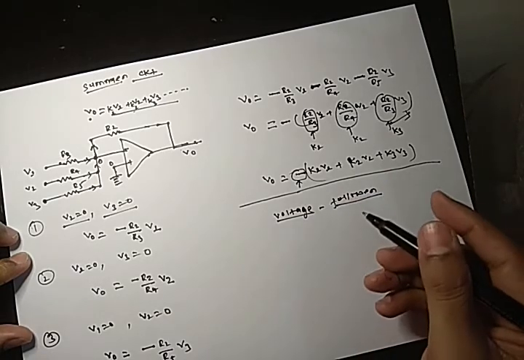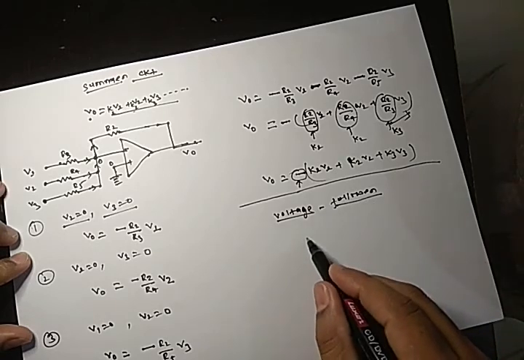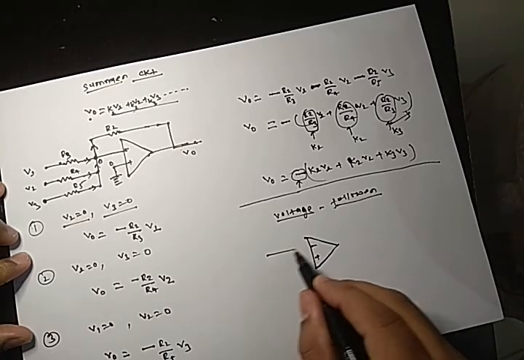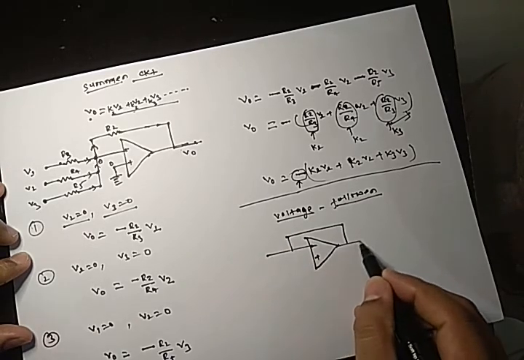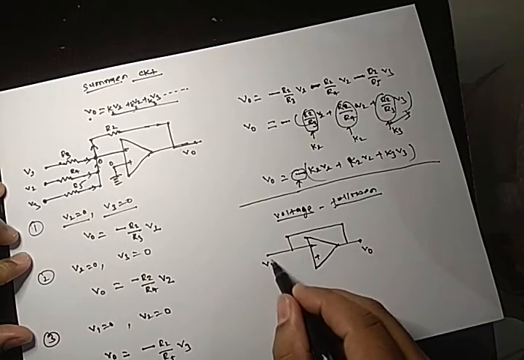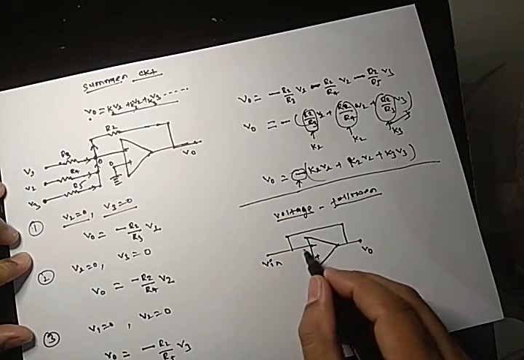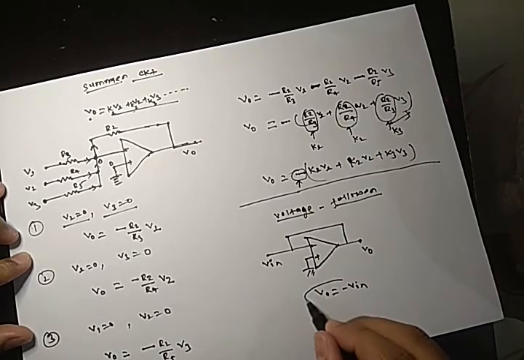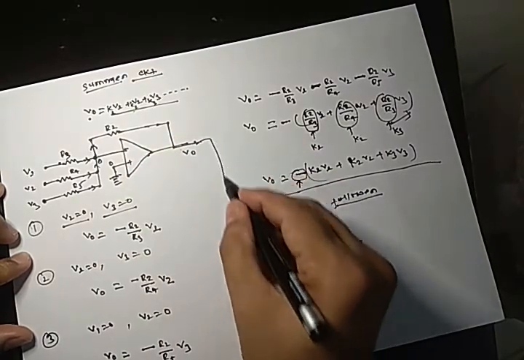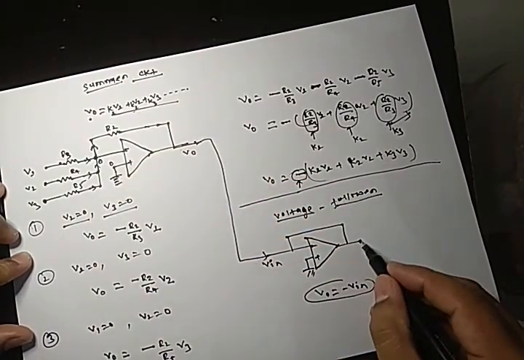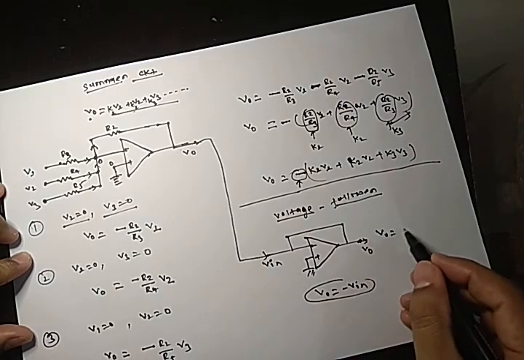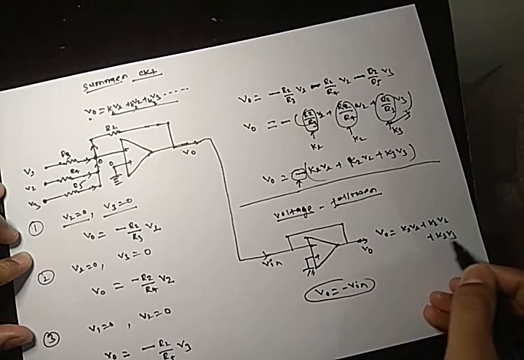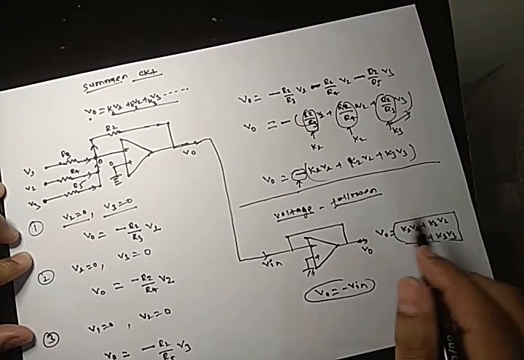The output will follow the voltage, meaning if B is put over here, then B naught is nothing but minus B. So if we put all this circuitry over here, then V0 will be K1 V1 plus K2 V2 plus K3 V3. So this is your summer circuit.